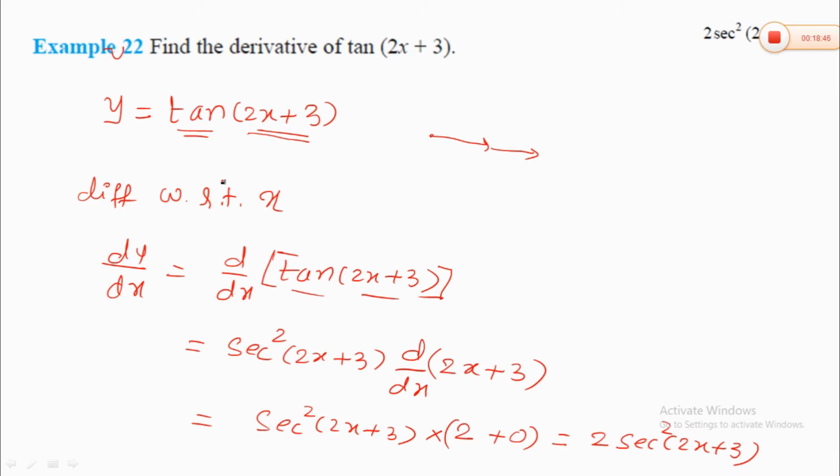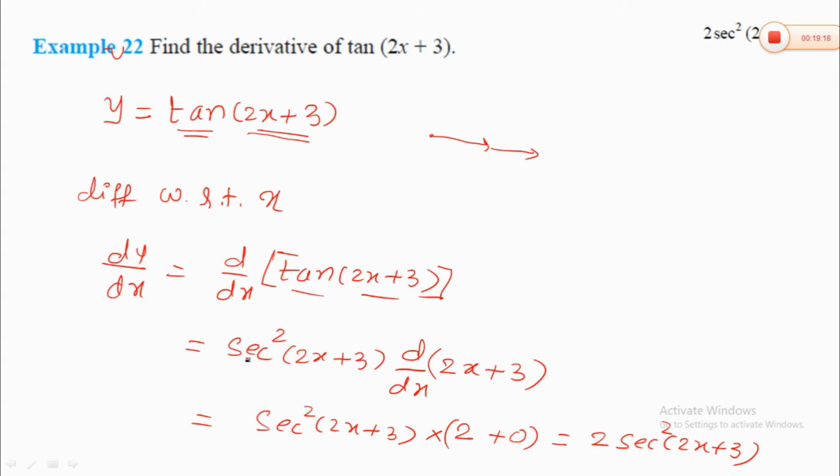So observe here the function, one function within another, 2x plus 3 inside the tan. So while finding the derivative, write the function in this manner, and first we come across the tan. Write the derivative of tan, that is sec square, and keep the remaining things as it is, 2x plus 3, whatever it may be. You need not worry about this one.